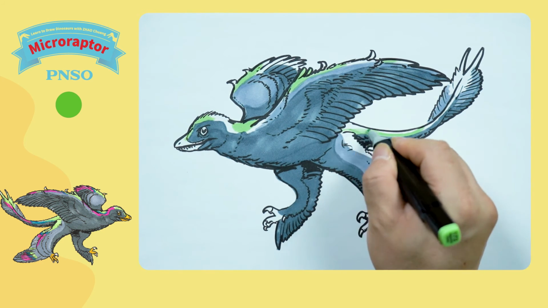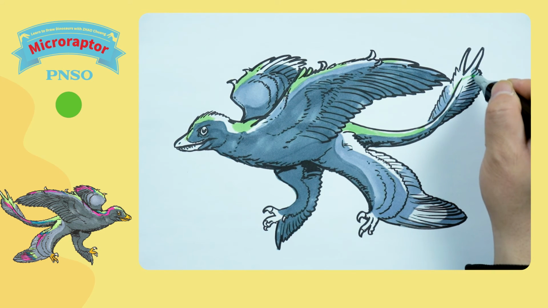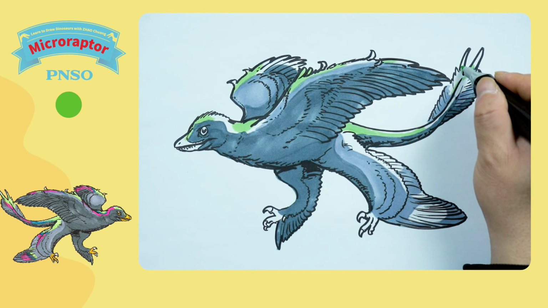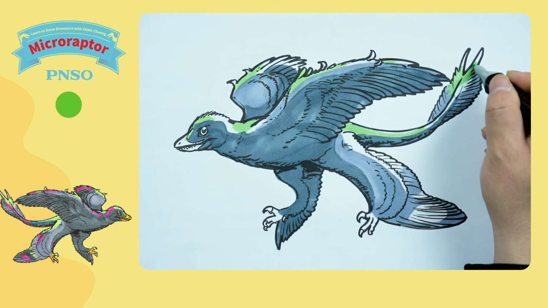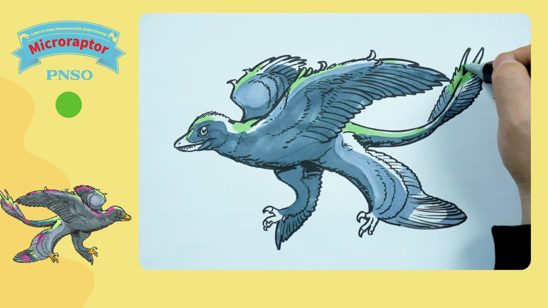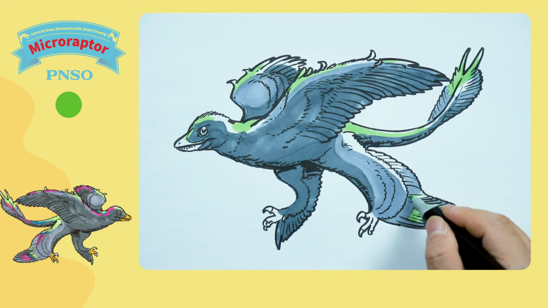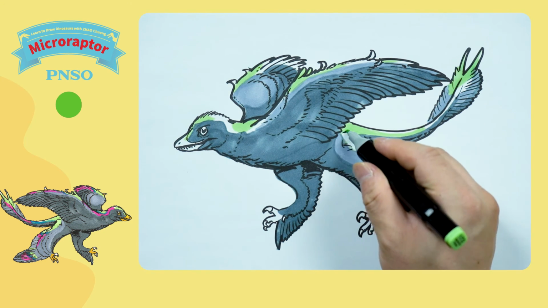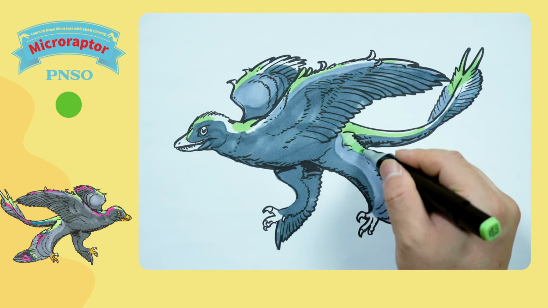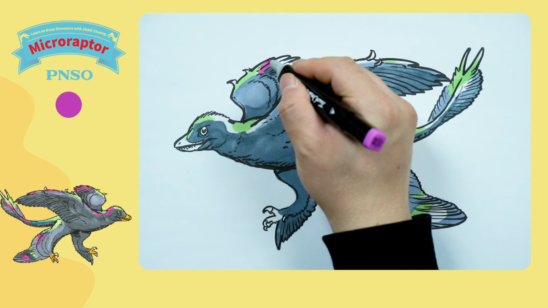Taking this white area as an example, we can color the left upper part green, then use purple to color the remaining part.